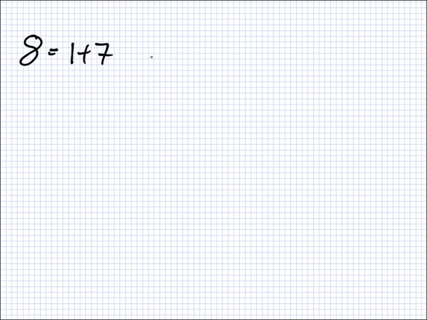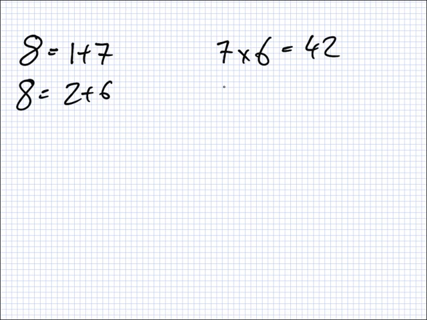What's the product of 1 and 7? 7. And the difference between 1 and 7? 6. So that's 42. What about 8 equals 2 plus 6? Their product is 12 and their difference is 4. And so on. My question is, what is the pair that will make this a maximum?